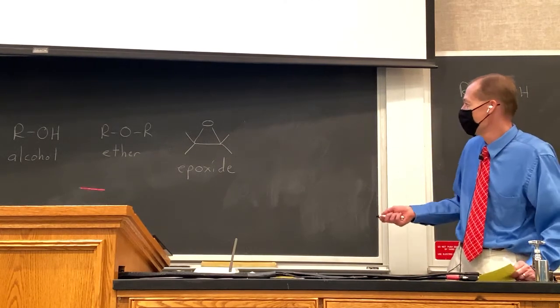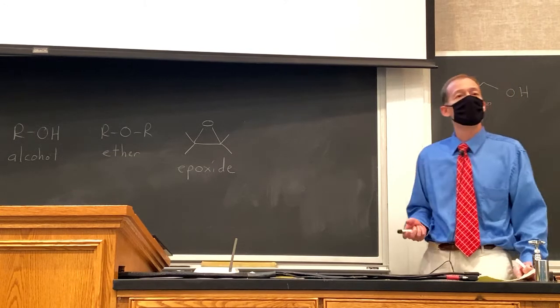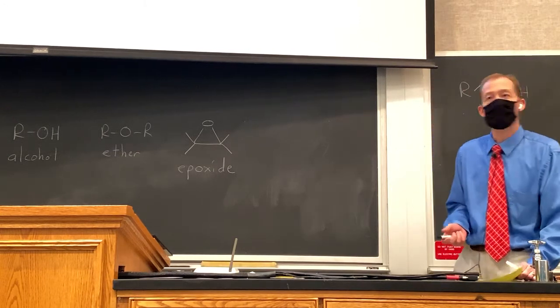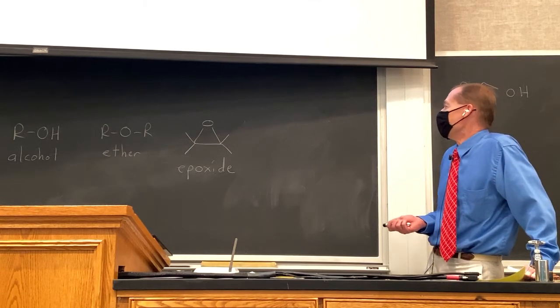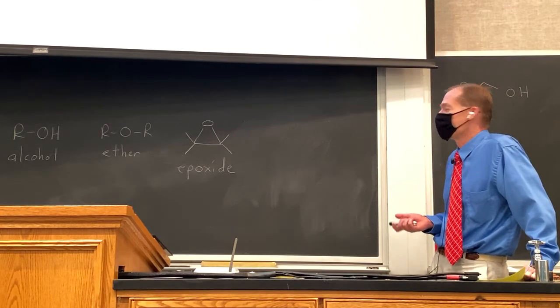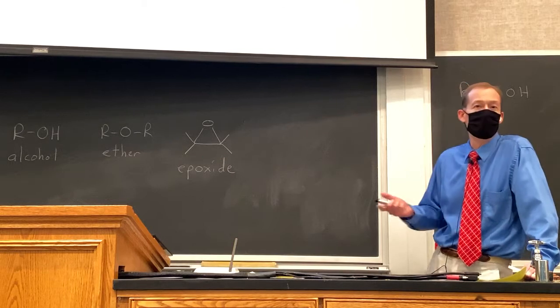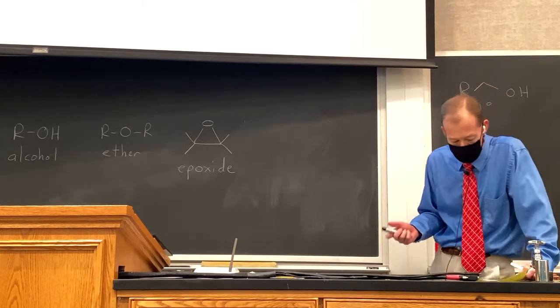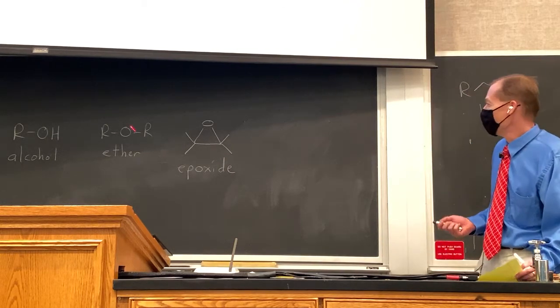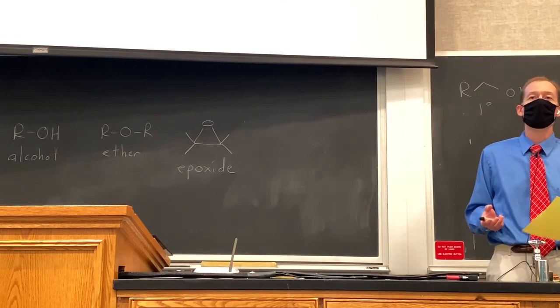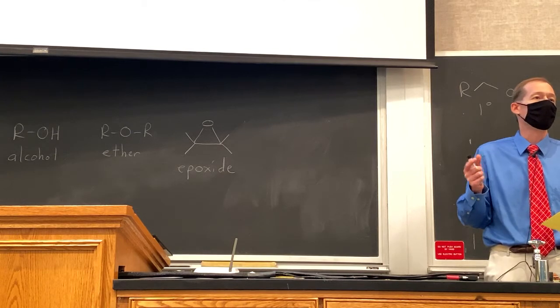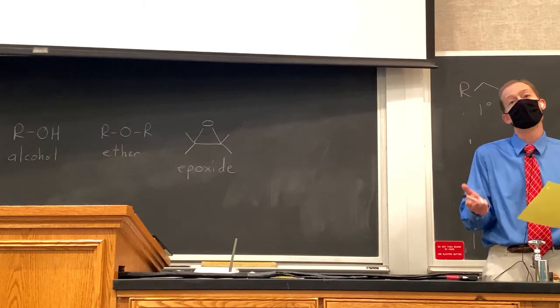So the general structures of these compounds we're learning about in this chapter are shown right here on the board. And you can see that an epoxide is actually a type of ether. So you might wonder, why do we consider it separately? It is due to the fact that the oxygen is part of a highly strained three-membered ring.